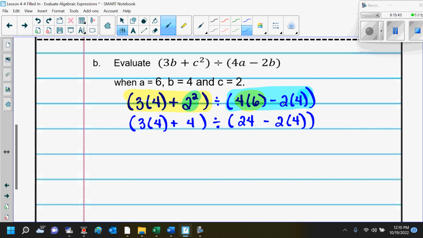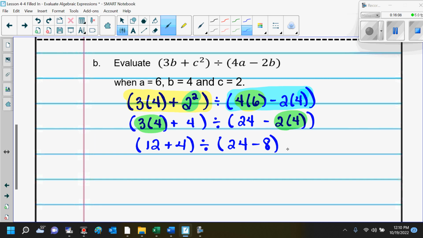Now, inside the rest of the grouping symbols, we can do the 3 times 4, and we can do the 2 times 4. So here, we've got 12 plus 4 divided by 24 minus 8.